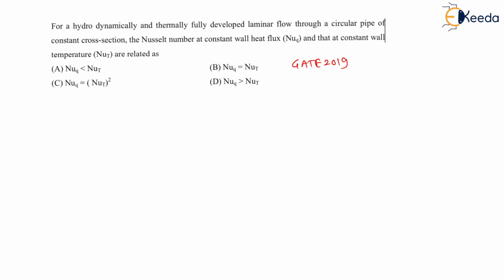Now, again in the same paper, they have asked one more question on the convection topic, which was for 1 mark. Now, my dear students, the question is for hydrodynamically and thermally fully developed laminar flow through a circular pipe of constant cross section. Now here they have given it's a fully developed laminar flow through pipe. Right.